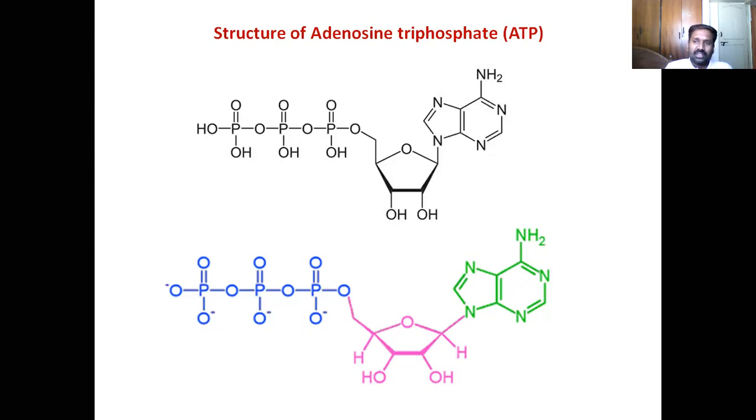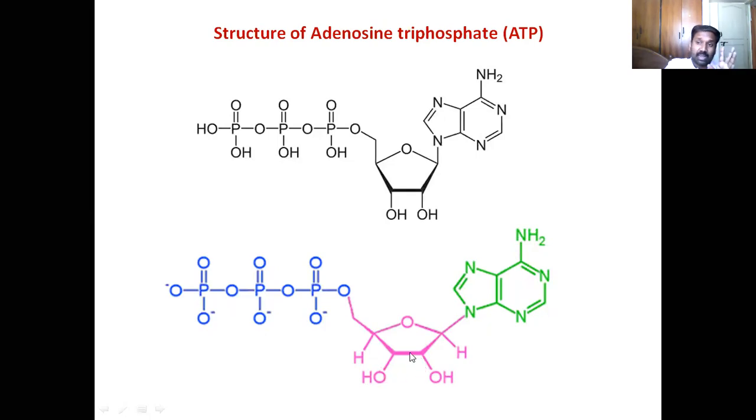In fact, what happens to these nucleotides from the nucleic acids point of view? They all go and make the individual residues of RNA, is it not? Now, what is the difference between RNA and DNA? Ribose nucleic acid and deoxyribose nucleic acid. At the third position, you don't have a hydroxyl group.